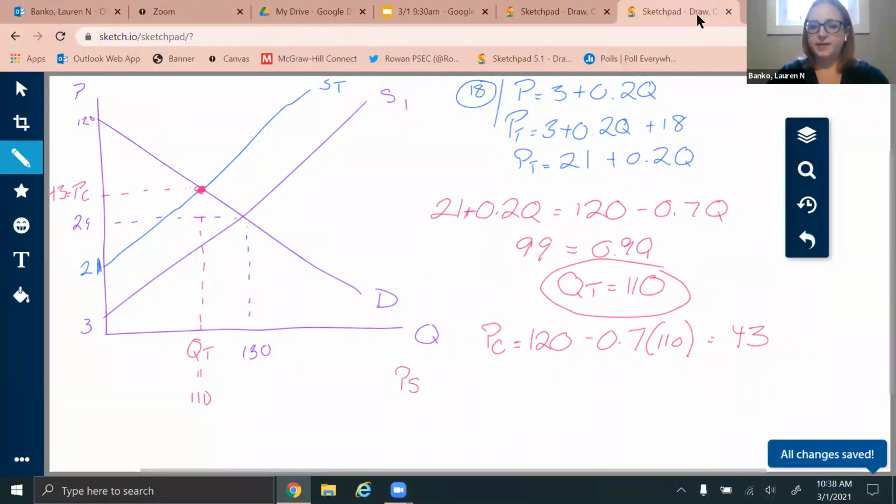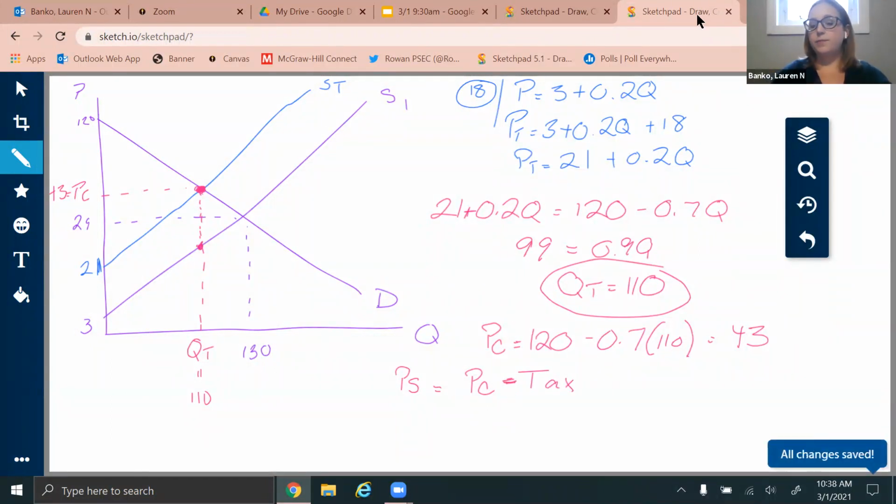We can do that in two ways. First, we can take this point and go down to the original supply. Really what I'm saying is put the new quantity into the supply without the tax. Or it might be easier to take what we just found for PC and subtract the tax amount.